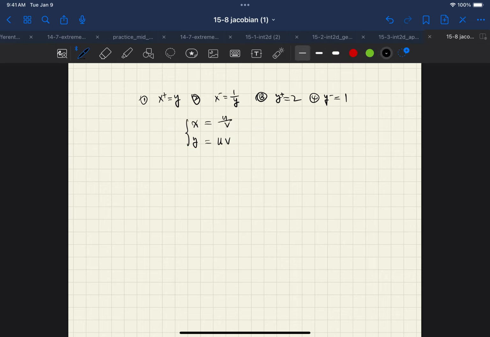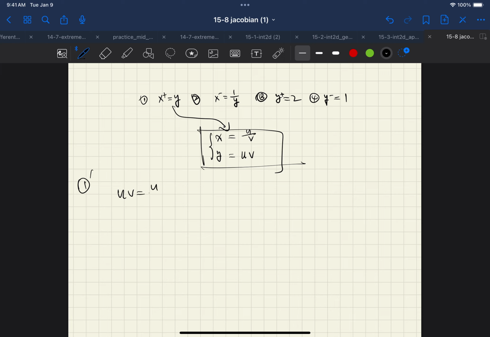If you put this here, then curve 1 gives me x equals y, so u over v equals uv, which means u cancels, so v squared equals 1, which means v equals 1.